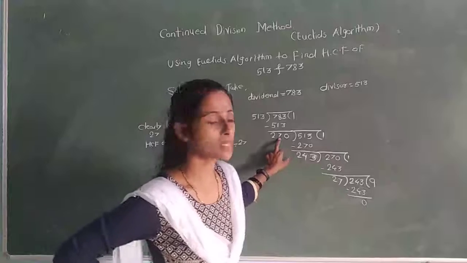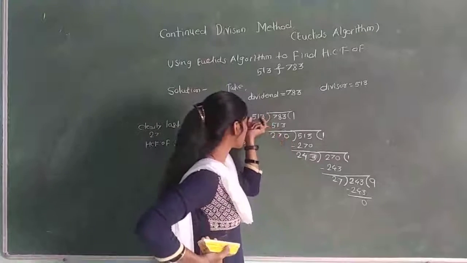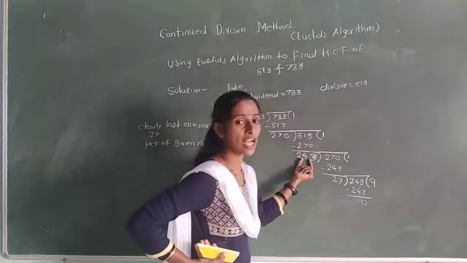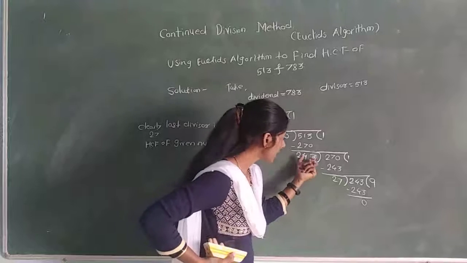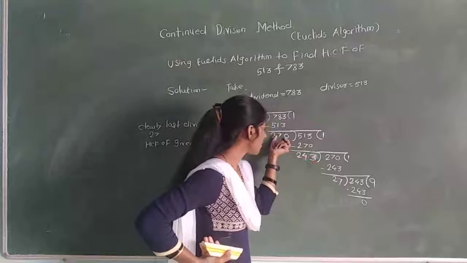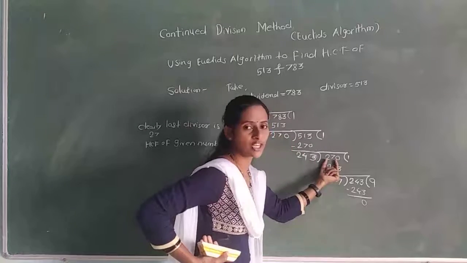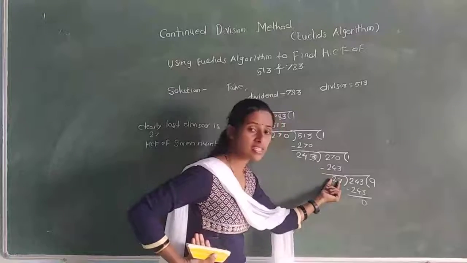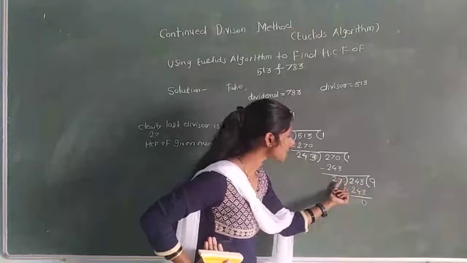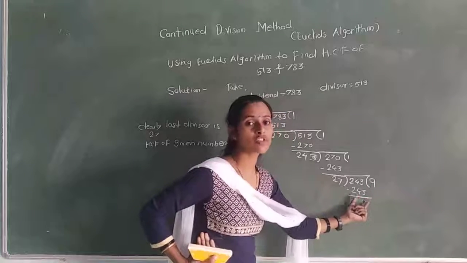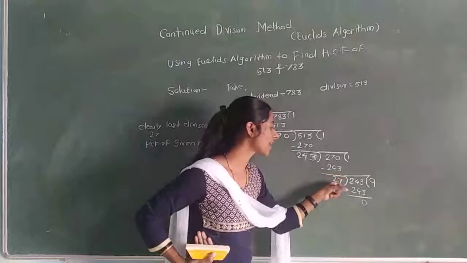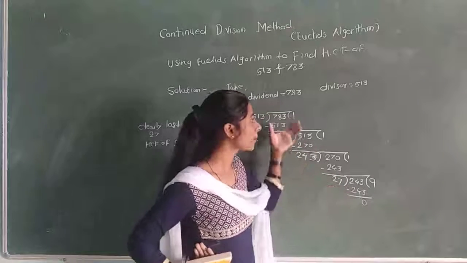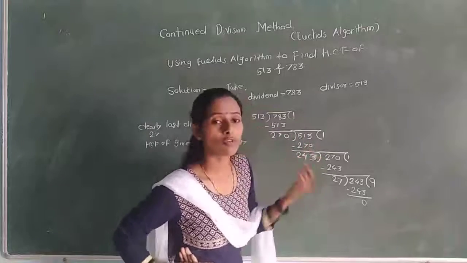This is not equal to 0, so take it as the divisor and the previous divisor as the dividend. Again 270 ones are 270, remainder 243, again not equal to 0. This 243 is the next divisor and the previous divisor, 270, is taken as the dividend. 243 ones are 243, remainder 27, not equal to 0. Again take it as the divisor, with 243 as the dividend. 27 nines are 243, which means the remainder is 0. So the last divisor is 27. Hence the SCF of the required numbers is 27.